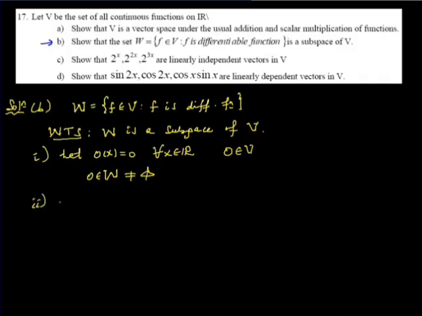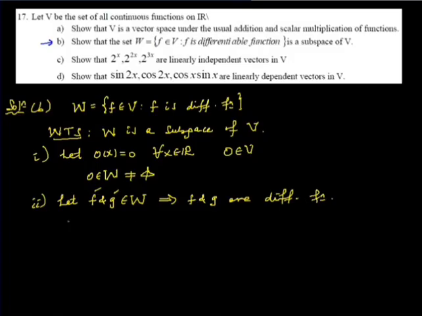ሁለተኛው property ውስጥ እንደዚህ ነው የምናደርገው. Let f and g be elements of W ሁለት ኤሌመንቶች ቢኖሩን የW አባል ይሆኑ ምን ማለት ነው fም ዲፈረንሺየብል ነው gም ዲፈረንሺየብል ነው እያለን ነው. So if f and g are elements of W ማለት f and g are differentiable functions ናቸው እያለን ነው.